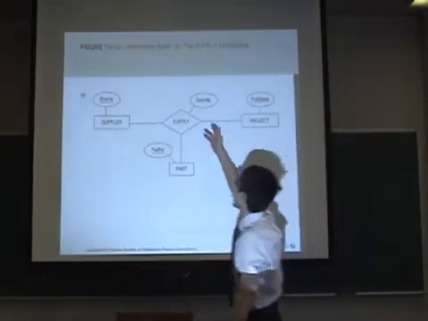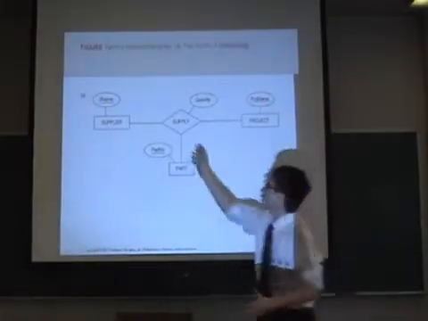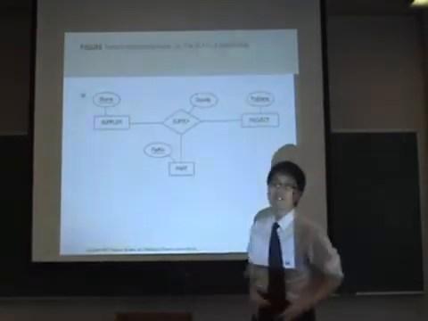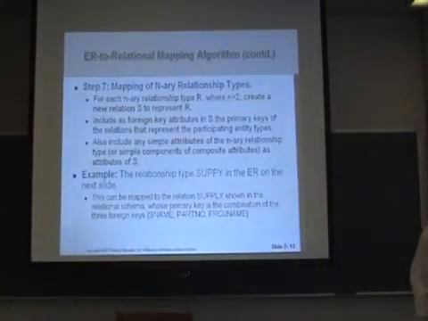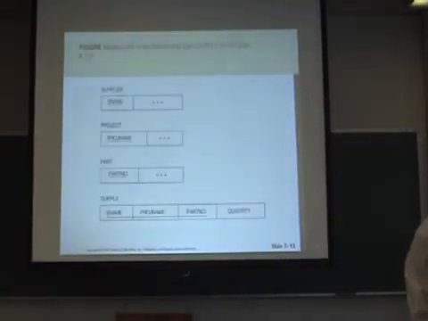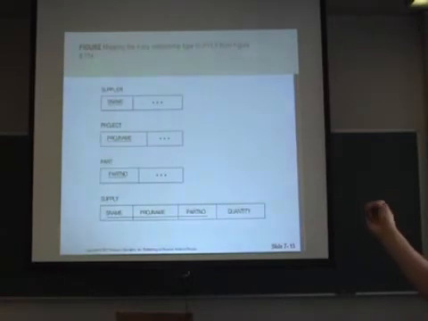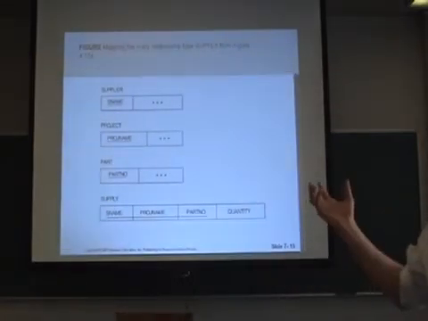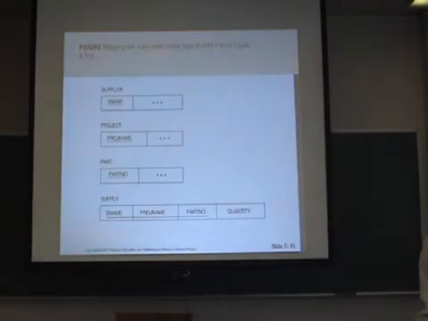Instead, we are going to create a supply relation and create n number of foreign keys. Then the primary key of supply will be the combination of all three primary keys. In this relational schema diagram, foreign keys are removed, so you need to add them. That's the whole thing that we discussed in the last class.